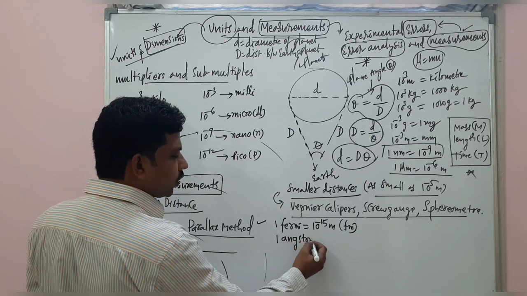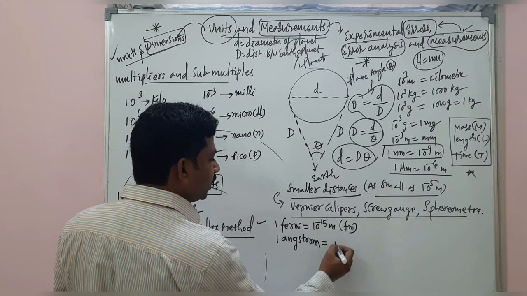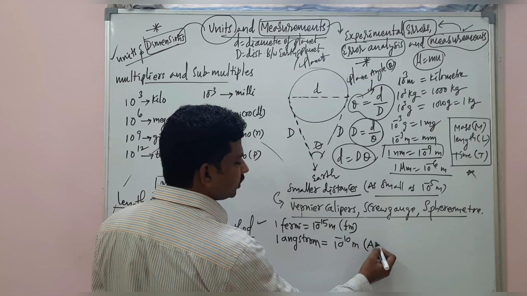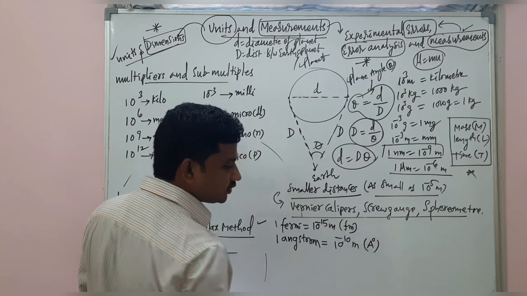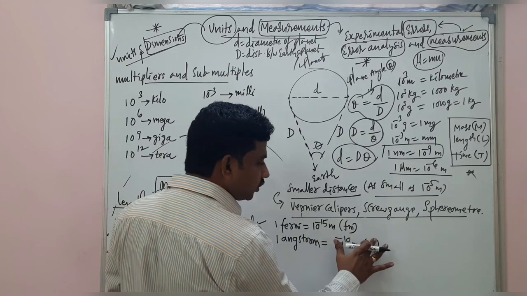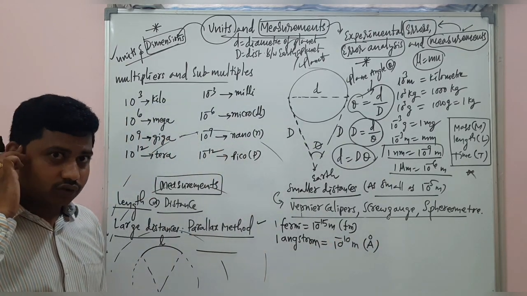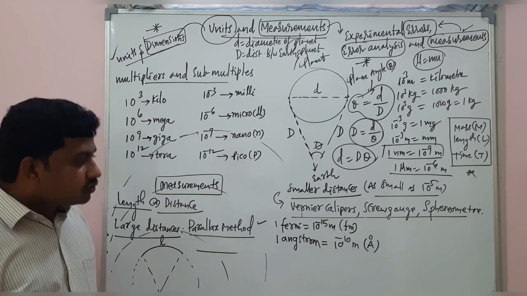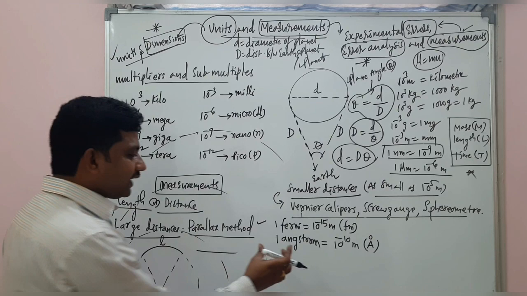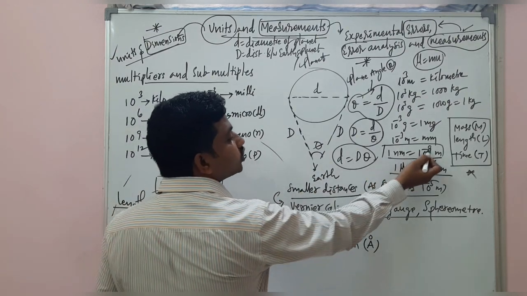Now, 1 angstrom is equal to 10 raised to minus 10 meter. This is denoted with the symbol A raised to 0, sometimes the 0 will be here also. No confusions at all. That's called angstrom. Most of the numericals will have angstrom and nanometer. 1 angstrom is 10 raised to minus 10 meter and nanometer will be 10 raised to minus 9 meter.